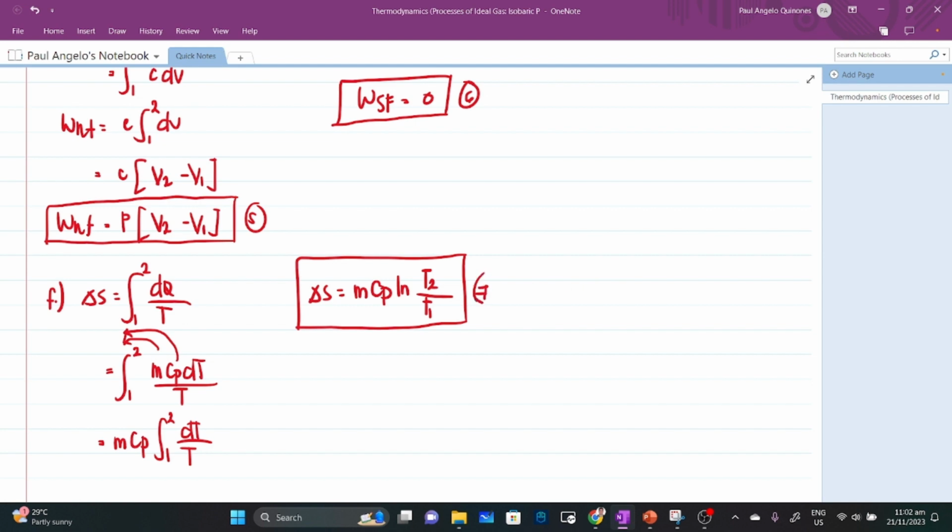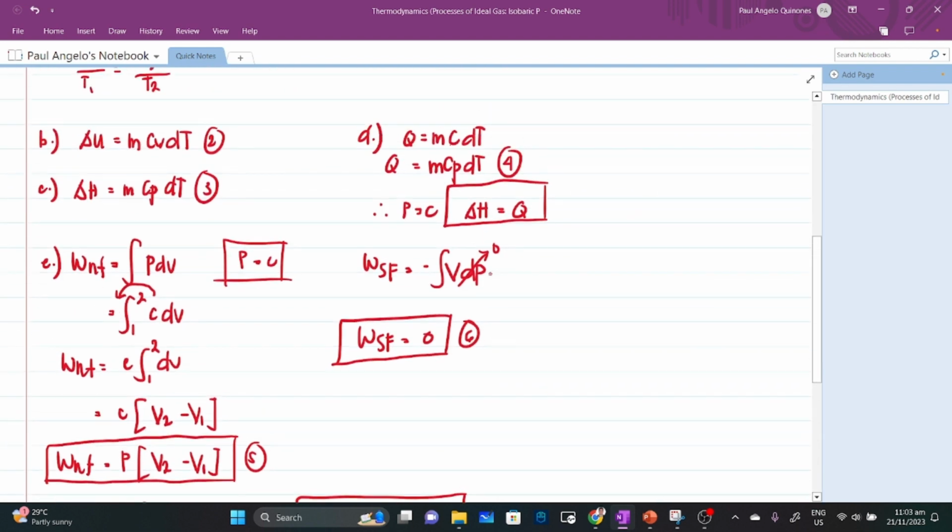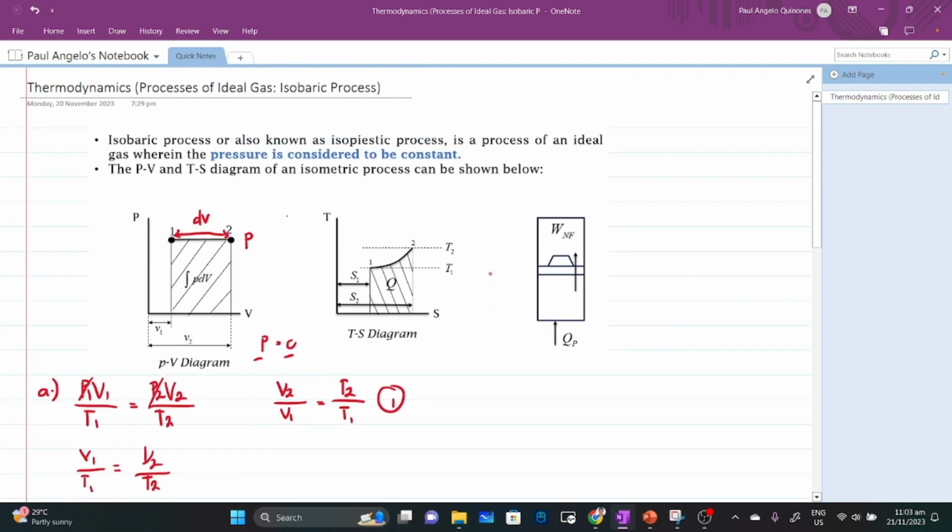As much as possible, always be aware of what process you are dealing with, because Cp and Cv are always dependent on the process the fluid is undergoing, let's say constant volume or constant pressure. So always be aware of the specific heat that you are going to use. These are the basic equations that you need to be familiarized with.